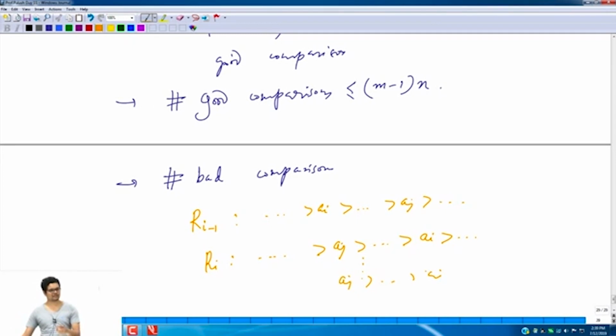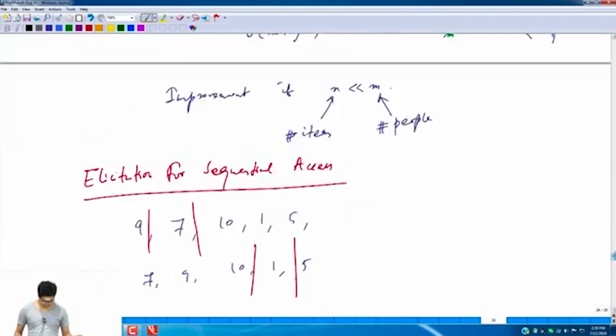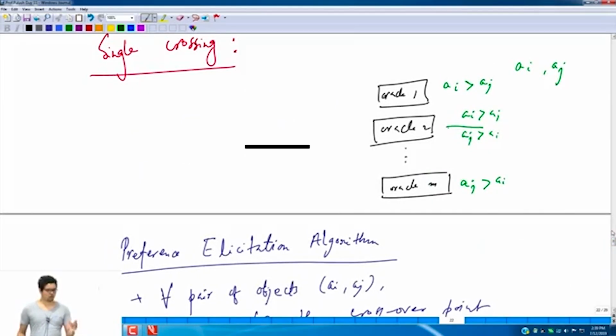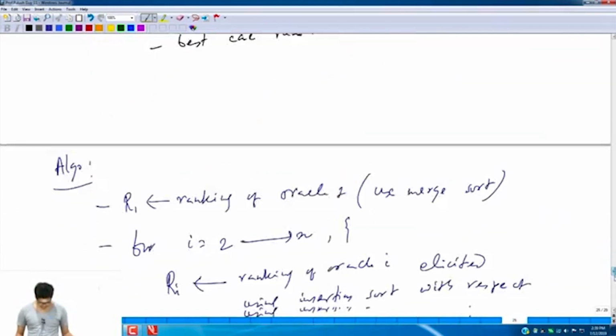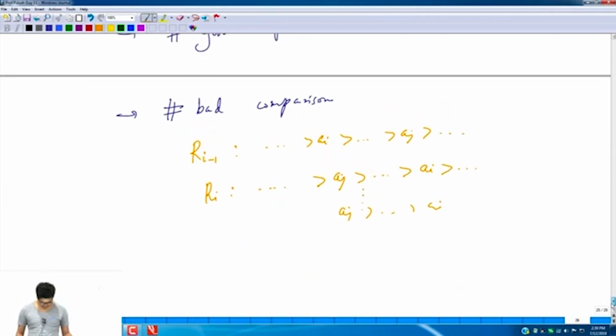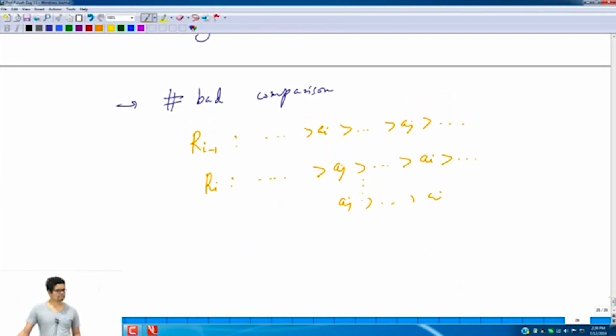Look at the first time a pair A_i and A_j makes a bad comparison. From that point onward, everyone orders A_i and A_j in the same way because of the single crossing property. With this property, the ordering of A_i and A_j can toggle at most once. And so we are done.